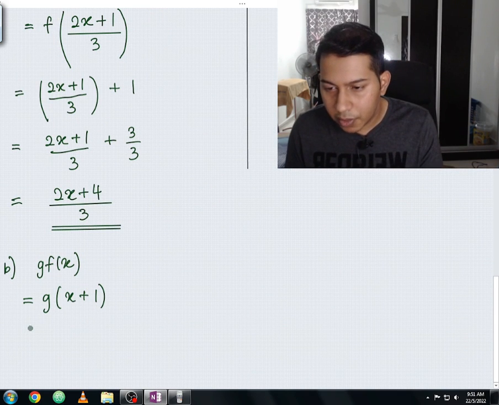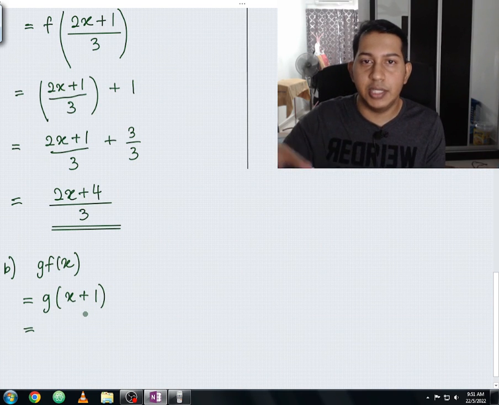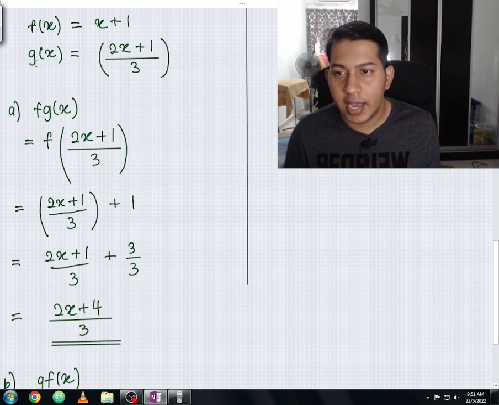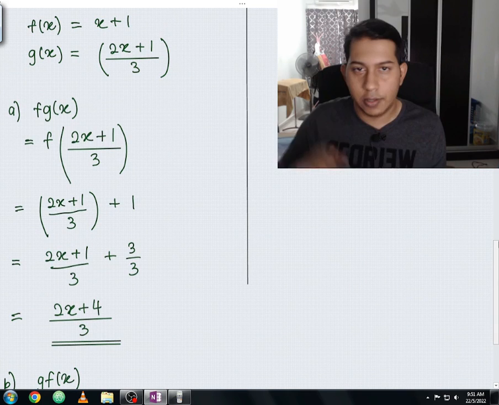For the next step, what do you do? This x plus 1 will be mapped into the function g. So where is your function g? It's given that your function g(x) is equal to (2x plus 1) over 3. Please be careful over here.